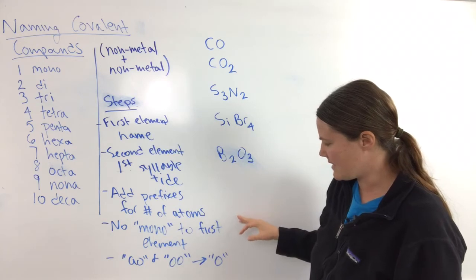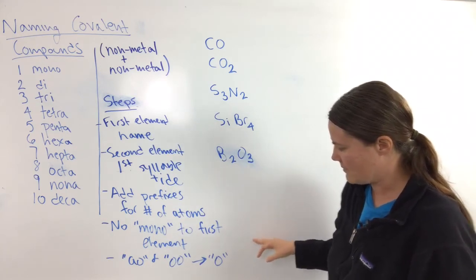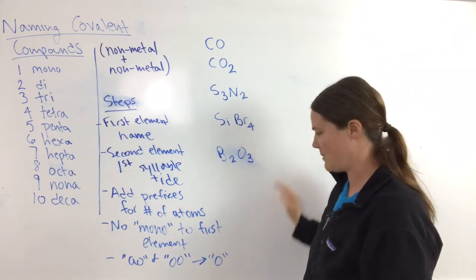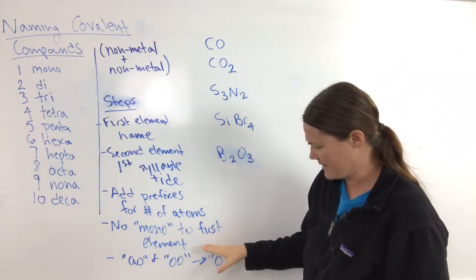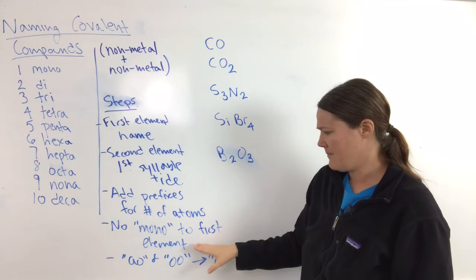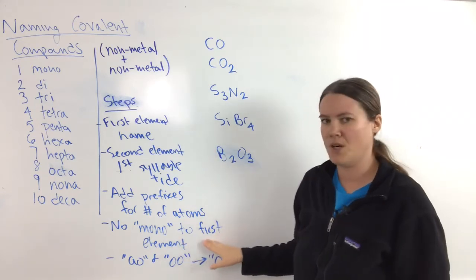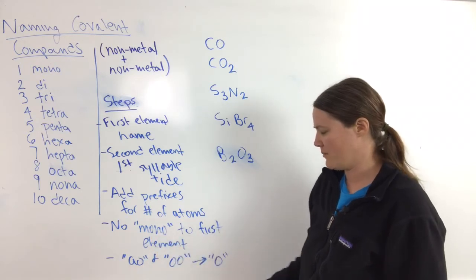There are a couple other rules, and I'll point these out as we go through the examples. First, if you only have one of your first element, you don't put mono on the first element.